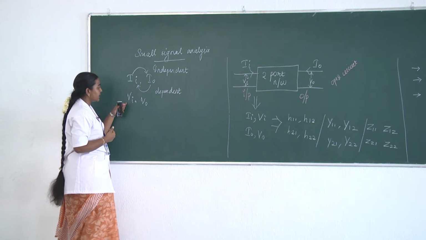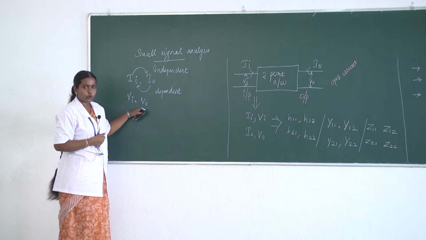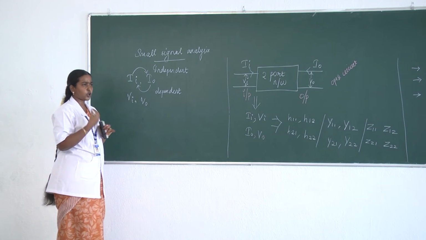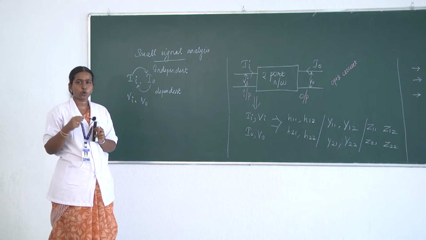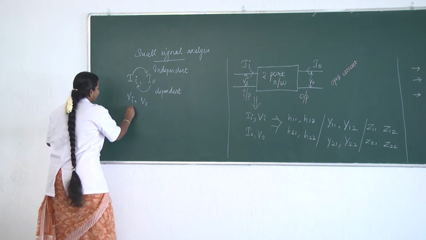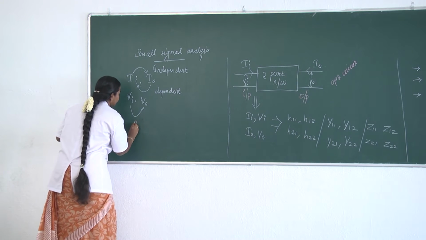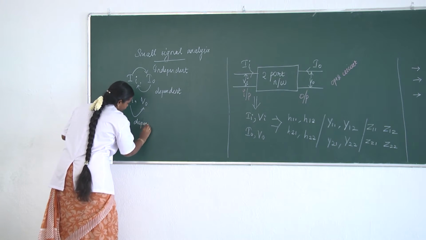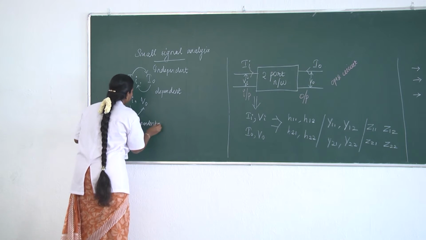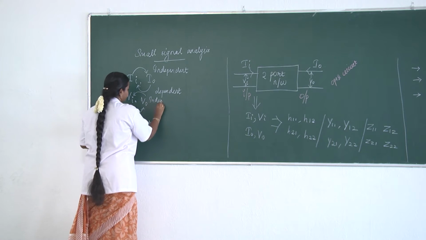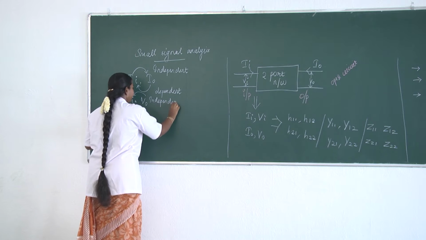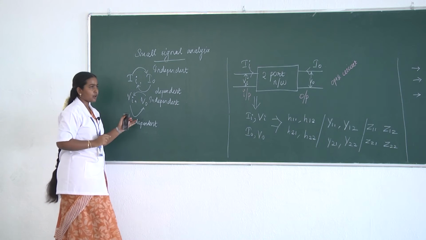Next comes the input voltage and the output voltage. If we want to get a 5 volt output, then we supply a 2 volt input. So this particular Vi is dependent on the V0, and this V0 is independent of Vi. So now we have 4 terms.